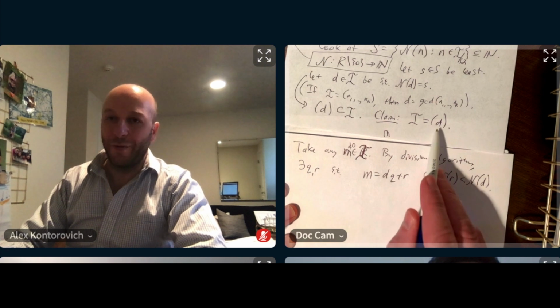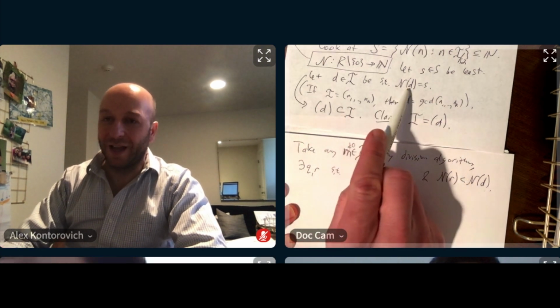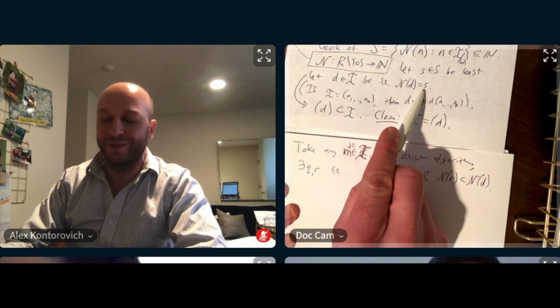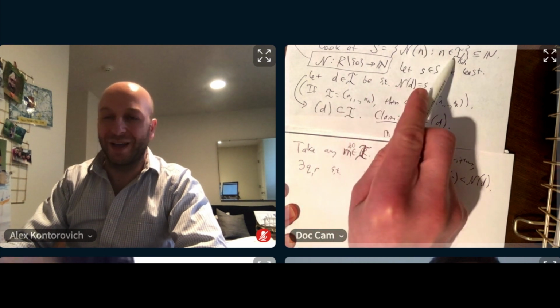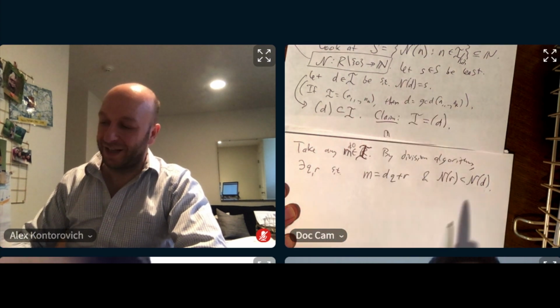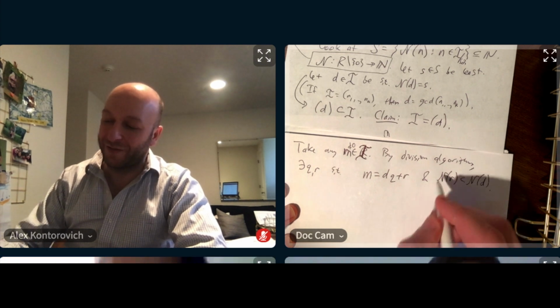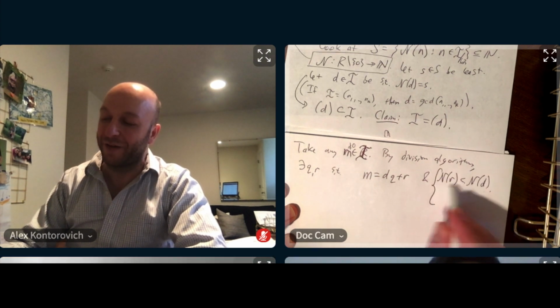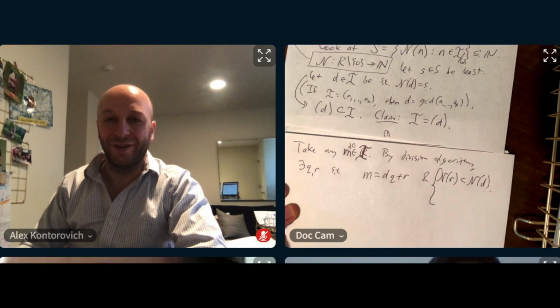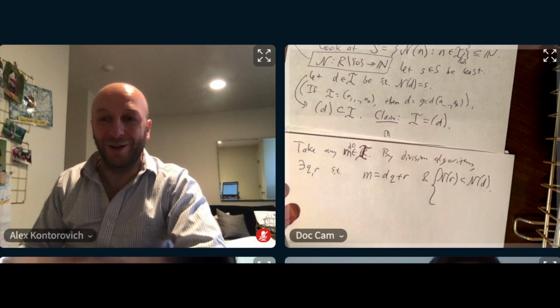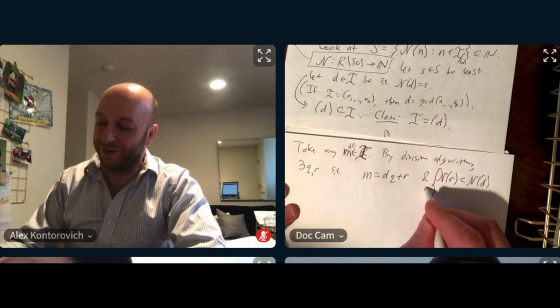The way we got D was that it was the element with smallest possible norm among all of the norms in the ideal. And now I'm finding an element that's smaller than it. That can't be. But of course, the division algorithm gives us two options. Either we find something with smaller norm, or we find something with no norm at all. What's the element with no norm?